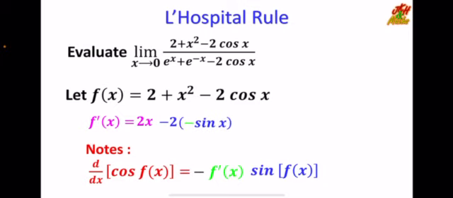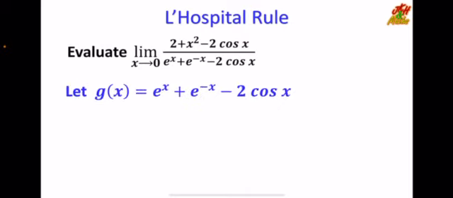So it is negative sine x. So the first derivative of f is equal to 2x minus 2 in the bracket, we have negative sine x. So when we simplify this, the first derivative of f is equal to 2x plus 2 sine x.